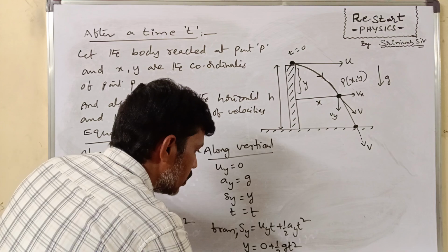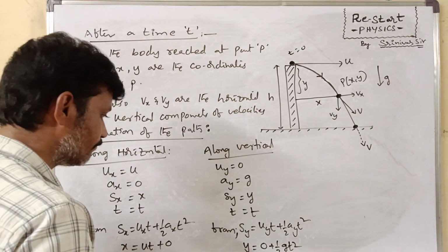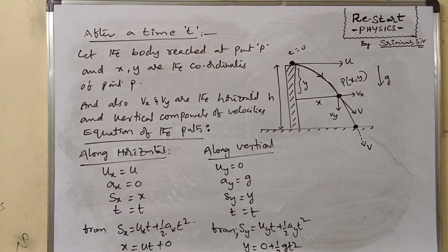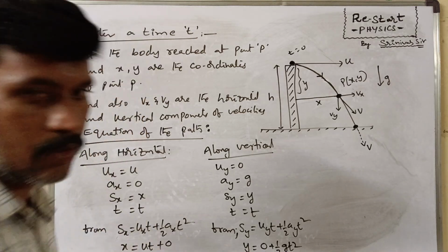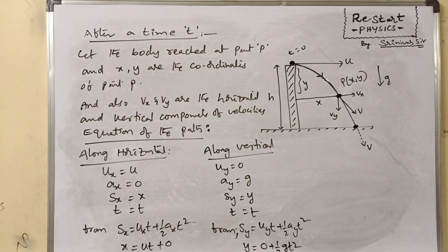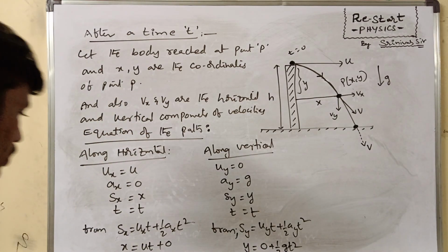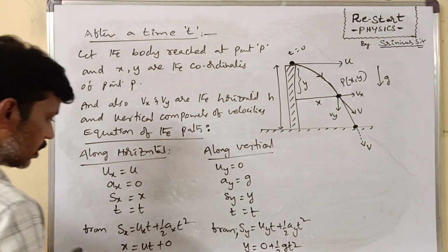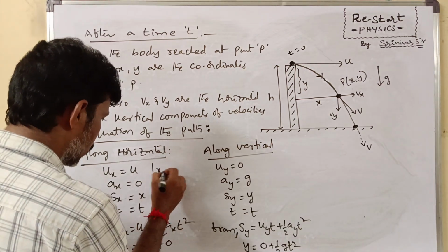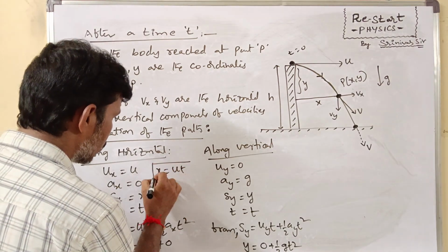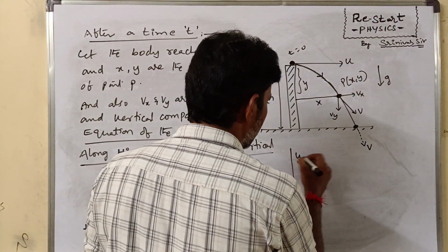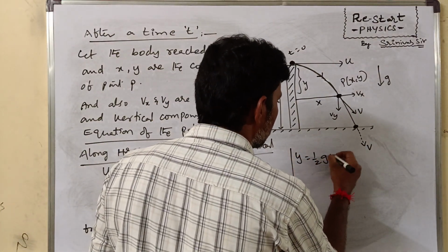So now y is equal to 0 plus half g t square. Right, now here x is equal to ut, and y is equal to half g t square.